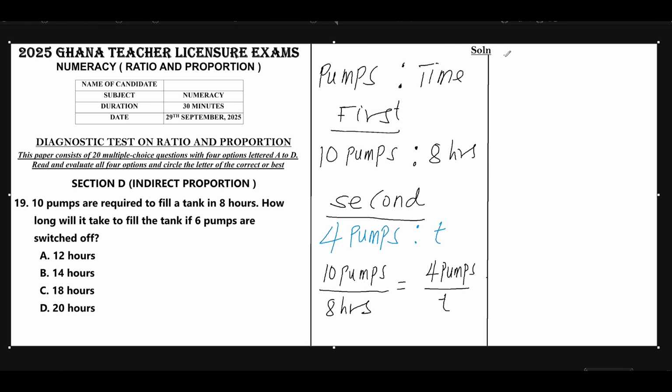So let me repeat this. 10 pumps 8 hours being equal to 4 pumps and then an unknown time t. So you need to ask yourself, what kind of relationship exists between these two quantities, number of pumps and then time?